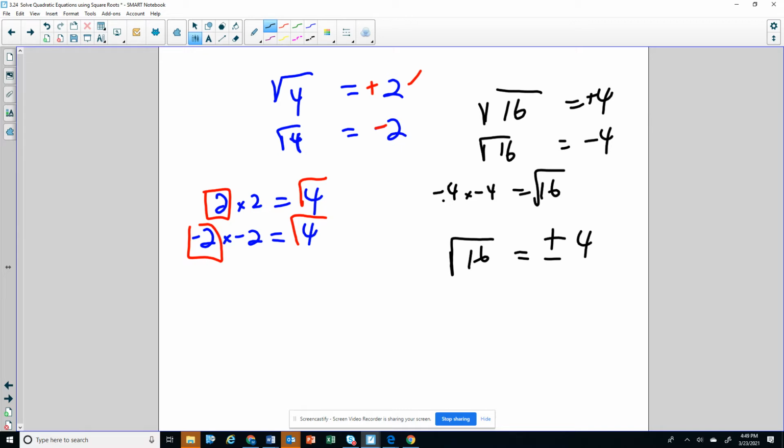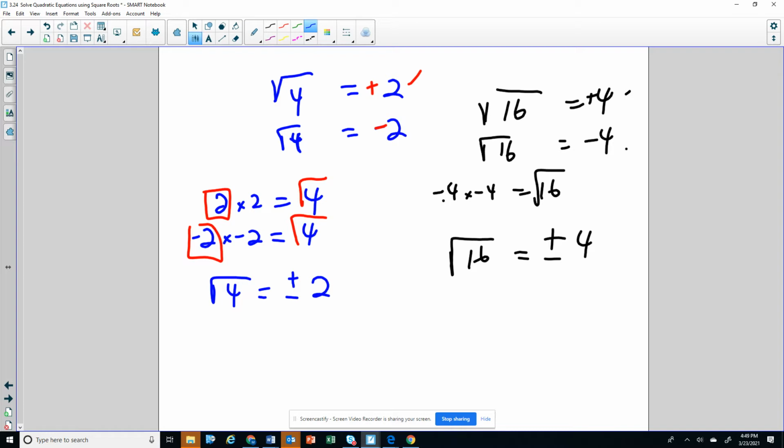Okay, so that's how it's written. This is a long way of writing it. We just shorten it: plus or minus 4. And so the square root of 4 over here can be written as plus or minus 2. Right? Plus or minus 2.